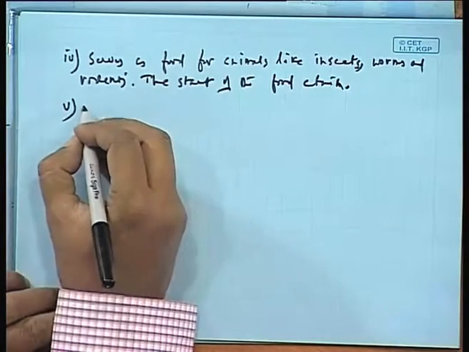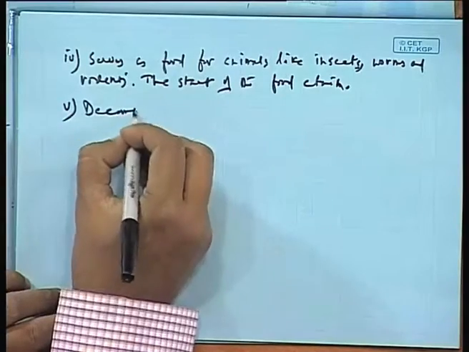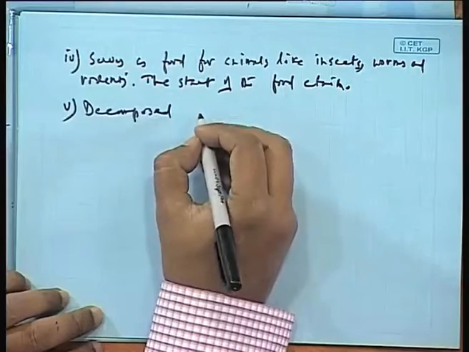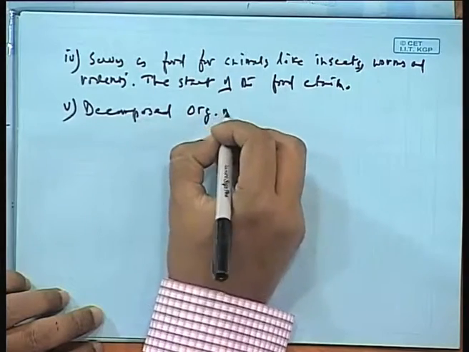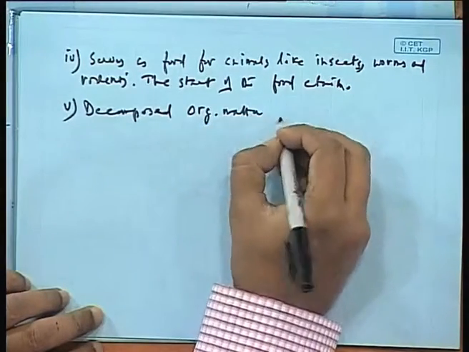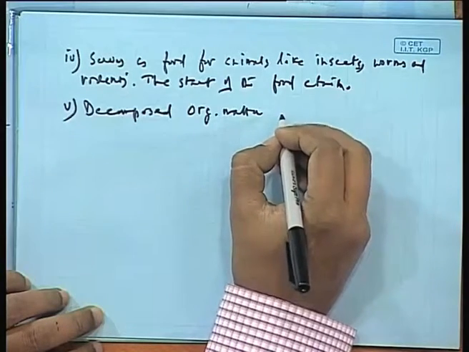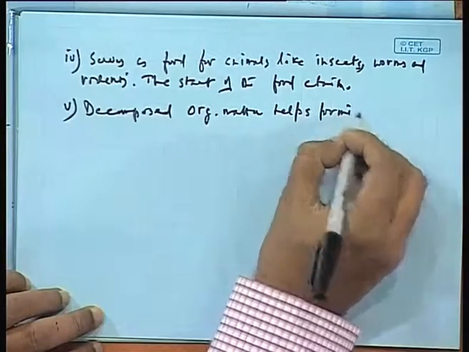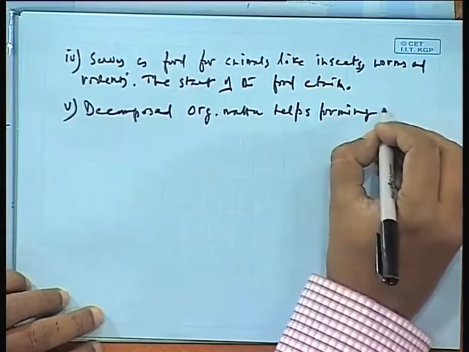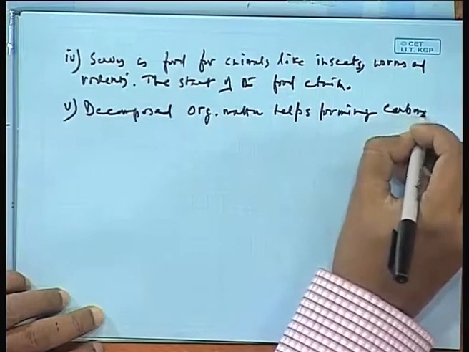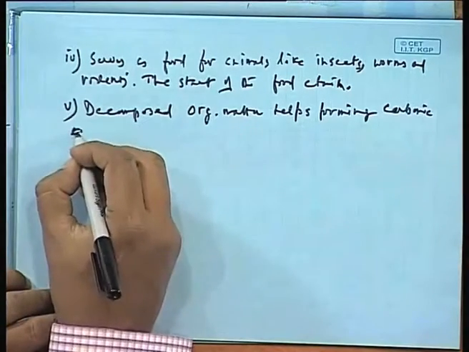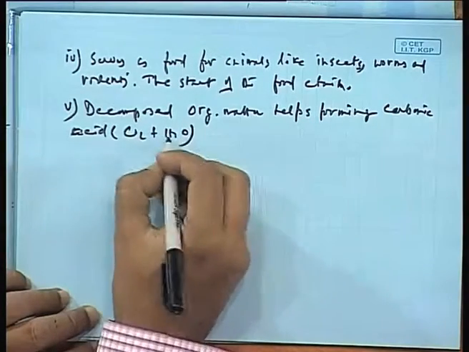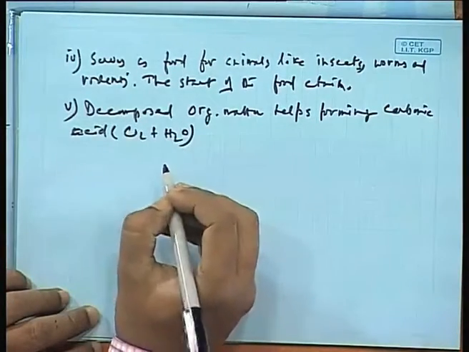Decomposed organic matter helps in forming carbonic acid, that is CO2 plus H2O.